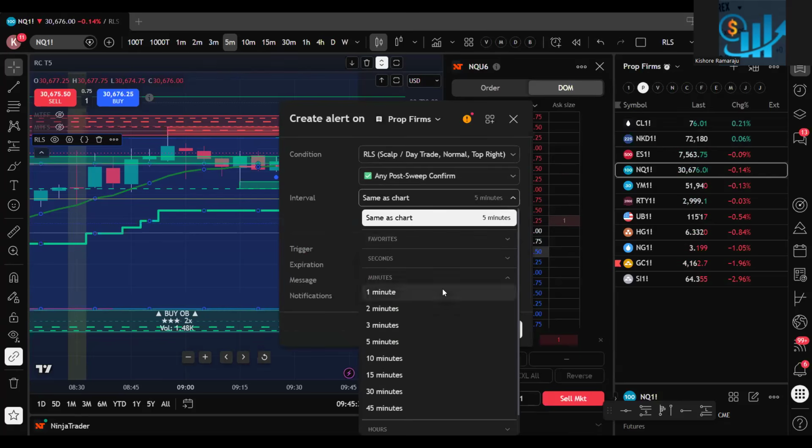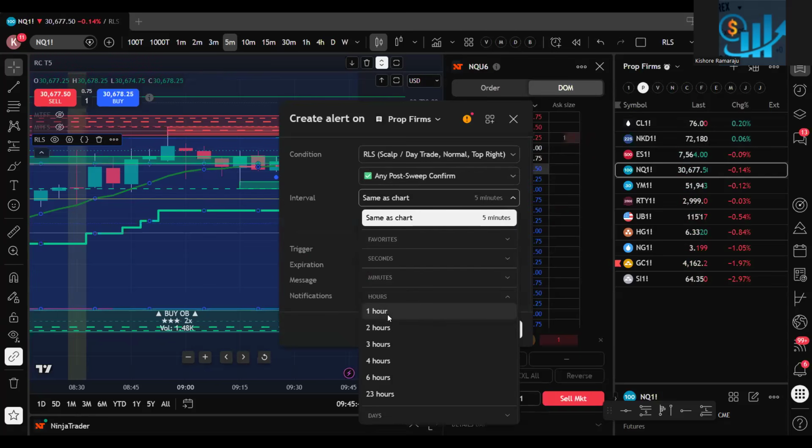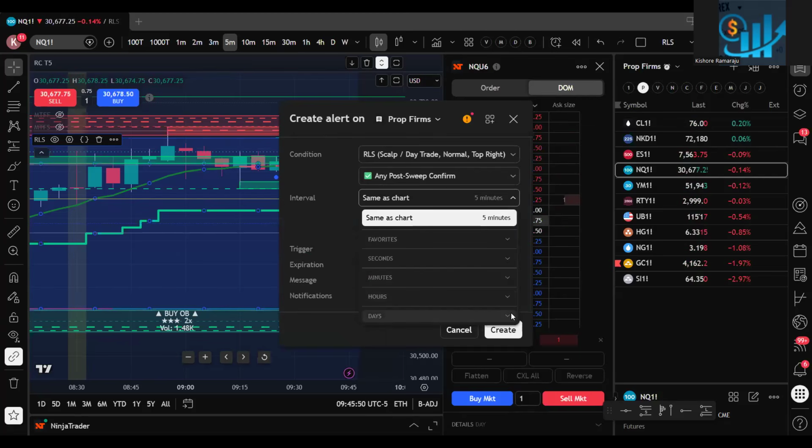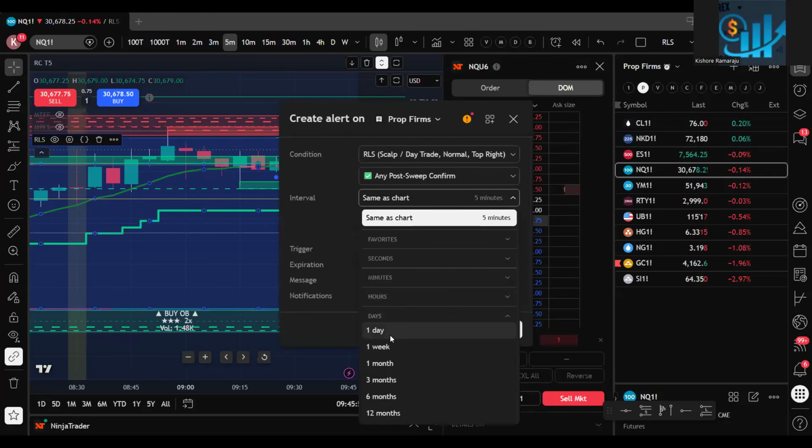For example, if I want to do day trading, I'll select 5 minutes. If I want to do short swing, that means for 2 or 3 days, then you can select 1 hour, right? If you want to hold it for around 1 month, you can select 1 day. If you want to hold it for 3 to 4 months, you can use 1 week.